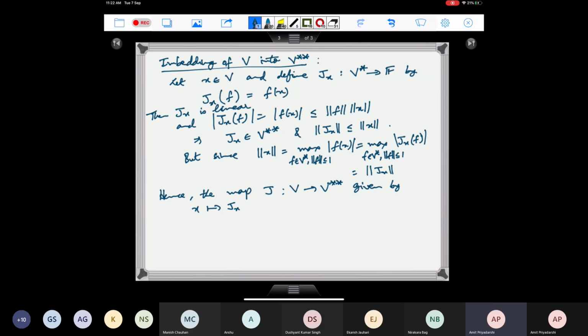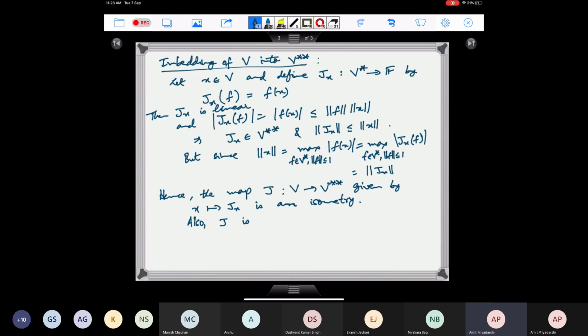For any x in V, we have defined a map J_x belonging to V double star. So we get a map from x to J of x. This is an isometry also.